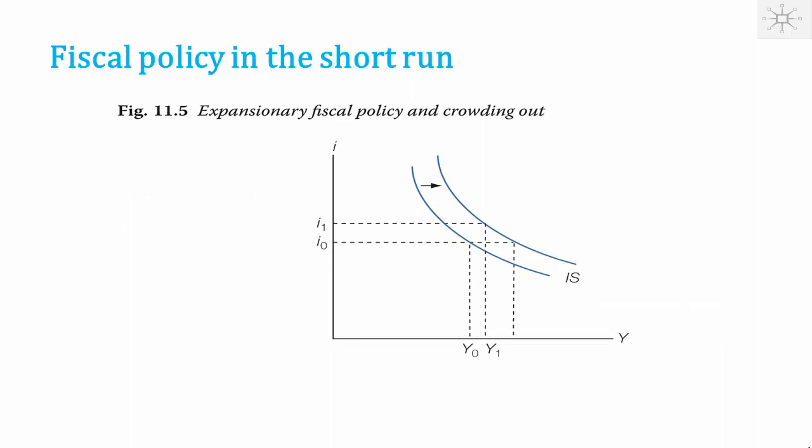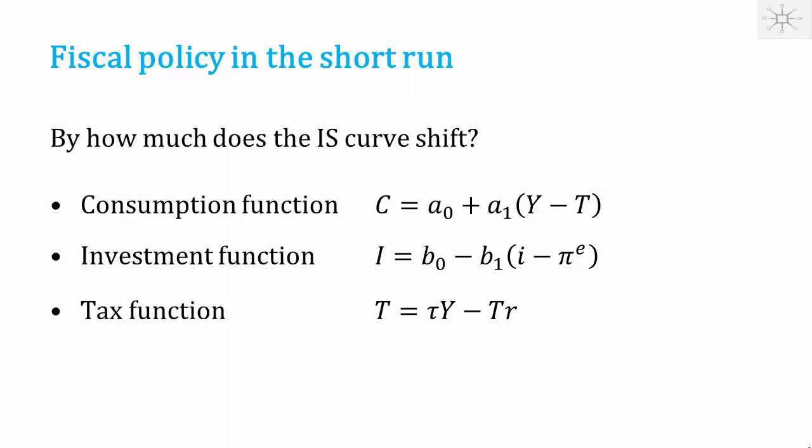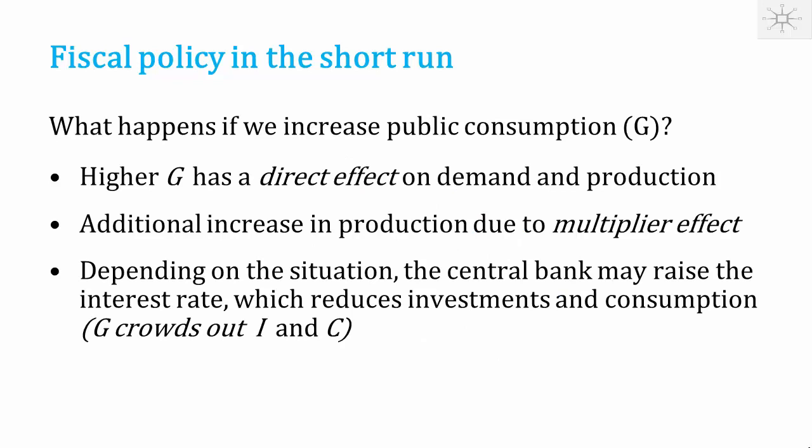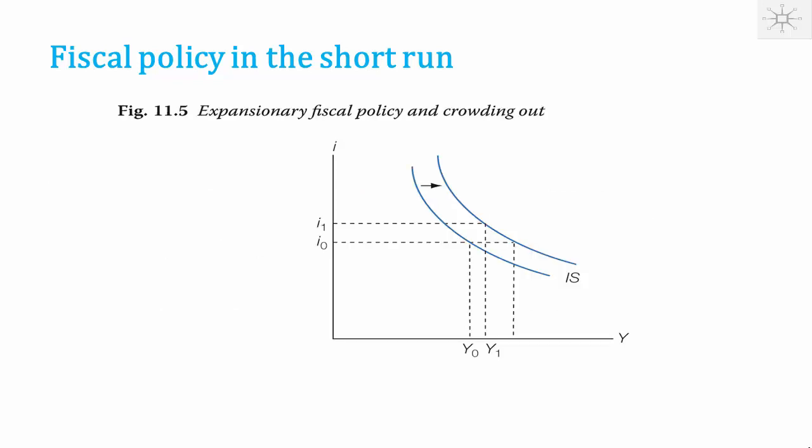So this is illustrated here. An expansionary fiscal policy will shift out the IS curve. So production is higher for a given interest rate, but then the central bank will raise the interest rate, typically. So we could ask, how much does the IS curve shift? How large is this effect on aggregate demand, which is captured by the first two parts in this discussion here, the direct effect and the multiplier effect?